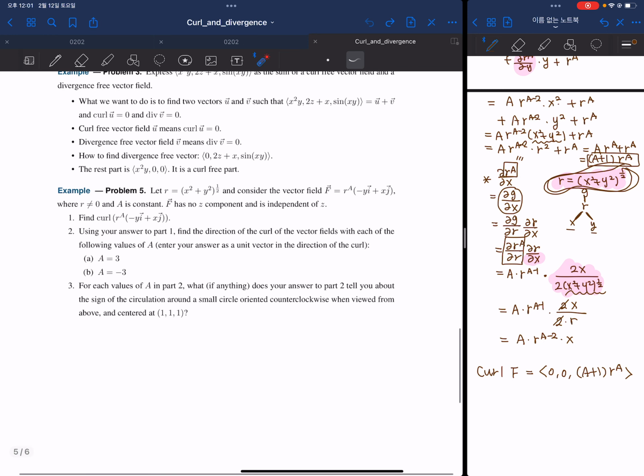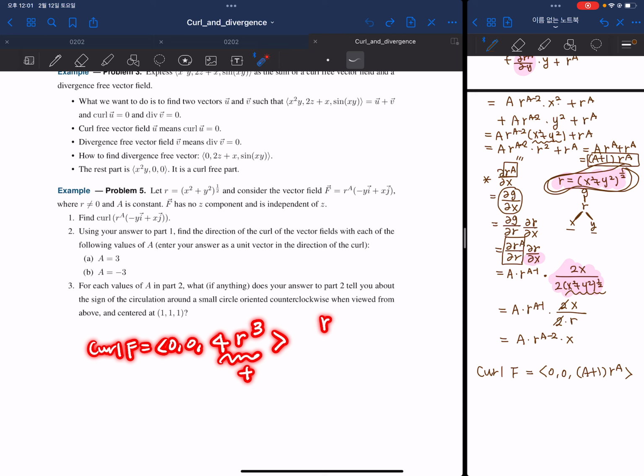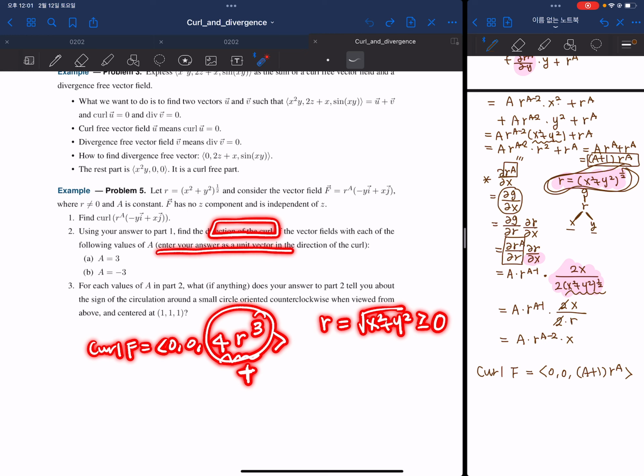Then let's think about this again. If a is 3, then the curl of F is 0, 0, and then 4 times r to the 3. This is positive because r is defined with x squared plus y squared, which is always positive, so this whole thing is positive. We want to check the direction of the curl and enter the answer as a unit vector in that direction.